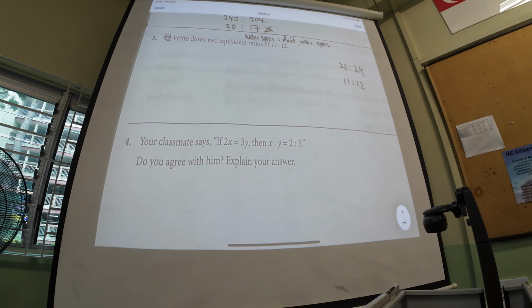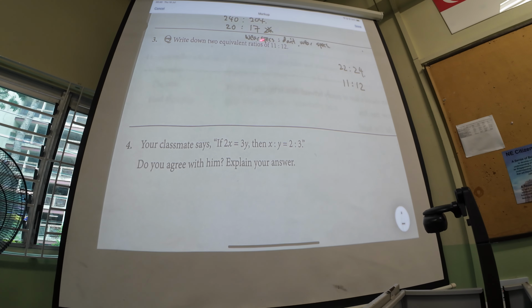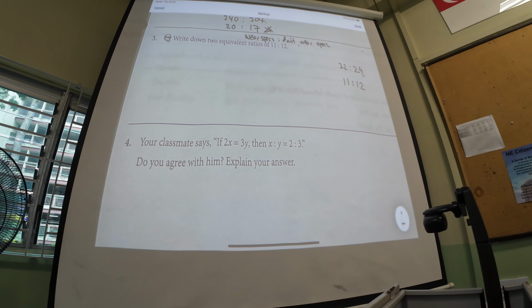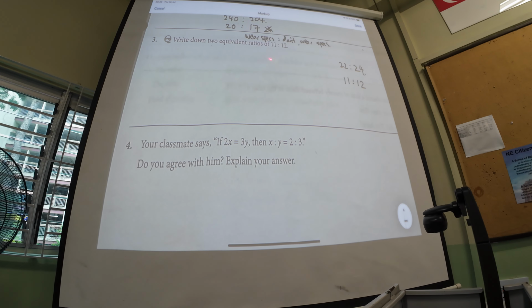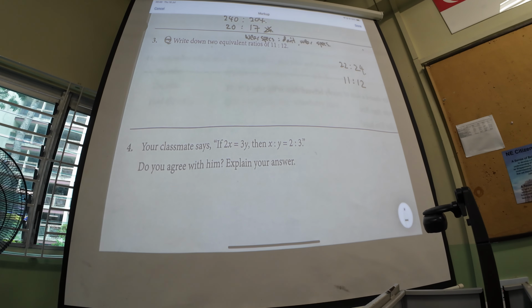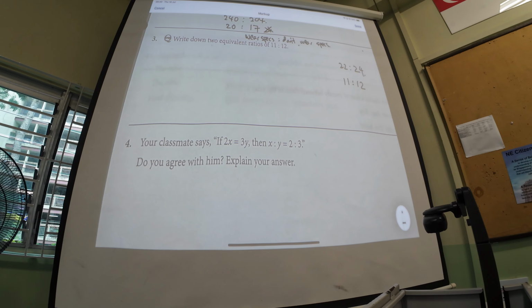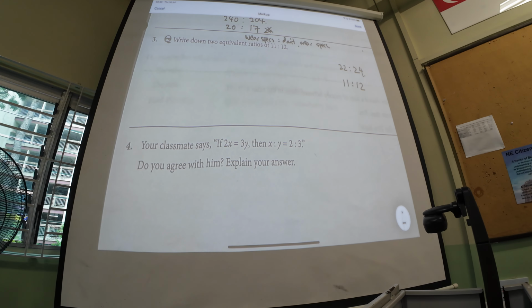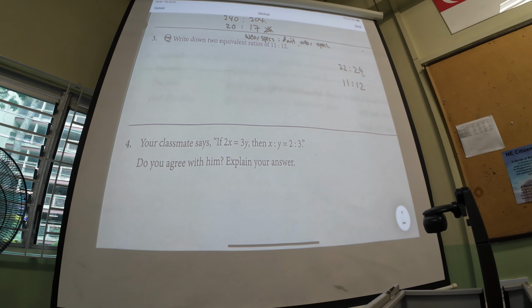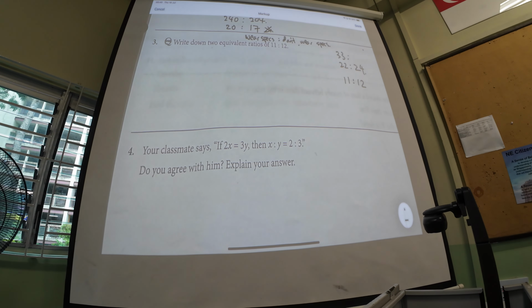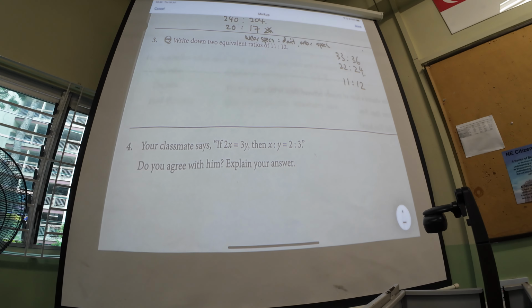Okay? So when you see the ratio as 11 is to 12, it doesn't mean that there is 11 that wear, 12 that don't wear. It can be 11 that wear, 12 that don't wear. It can also be 22 that wear, 24 that don't wear. Okay? By the same idea, it can also be 33 that wear, 36 that don't wear.